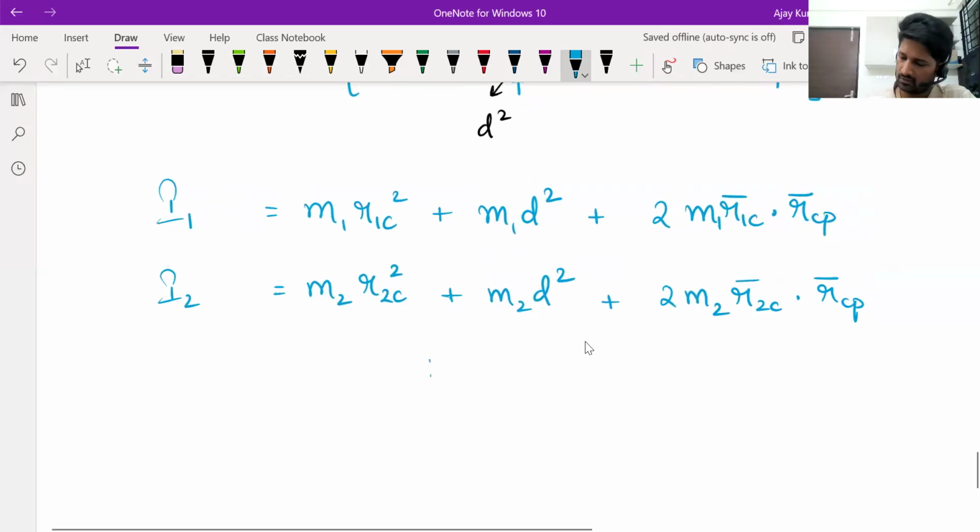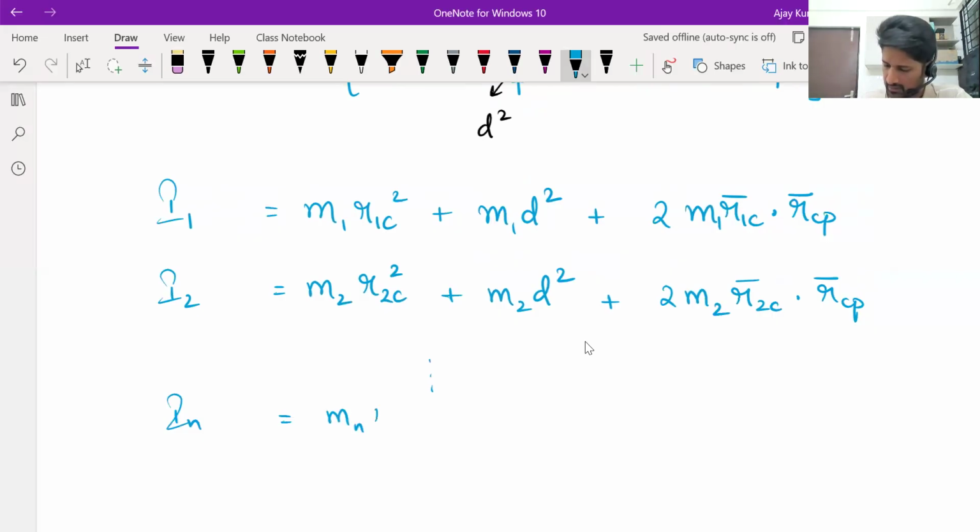And so on. You do this for all the n particles, and you get I of the nth particle as mn rnc squared plus mn d square plus the last term 2 mn rnc dot rcp.